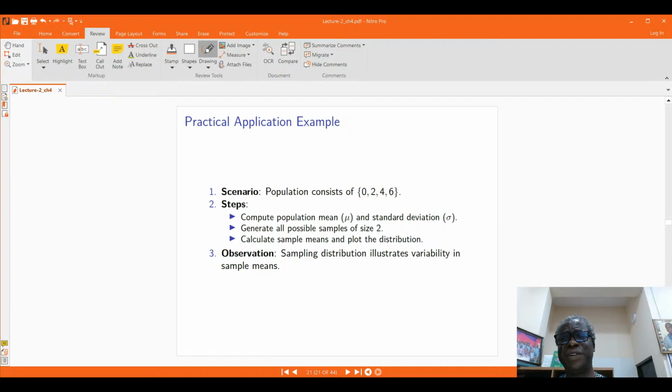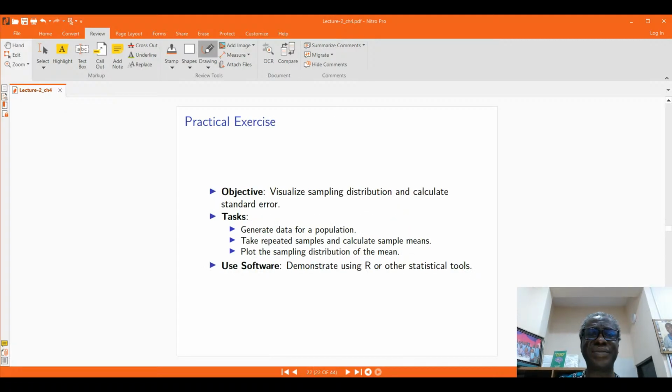Then for each sample of size 2, calculate the mean, and then calculate all the sample means, then plot the distribution, and then write your observation regarding the variability of the sample mean.